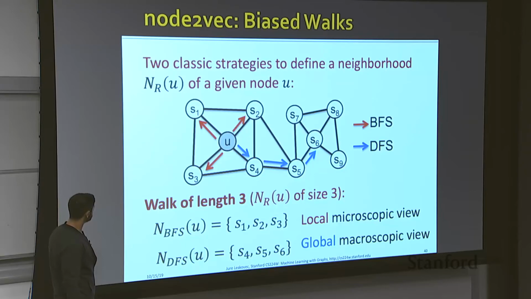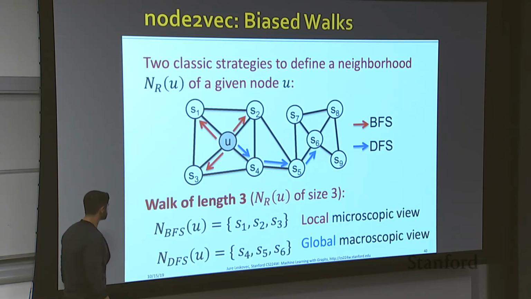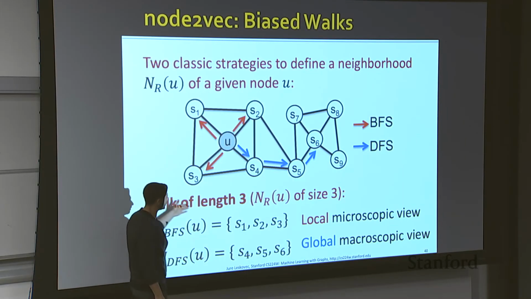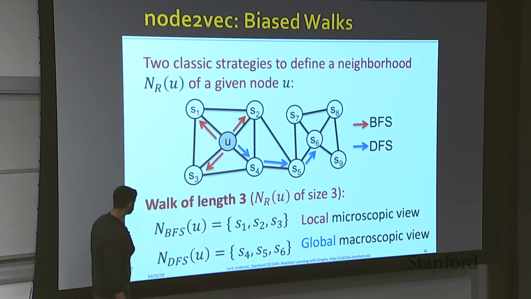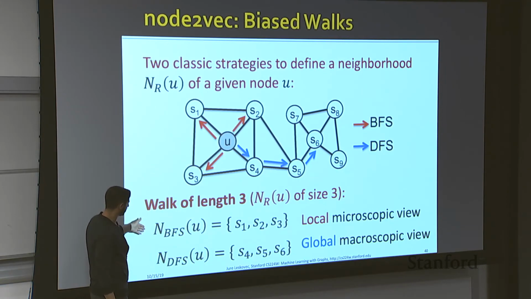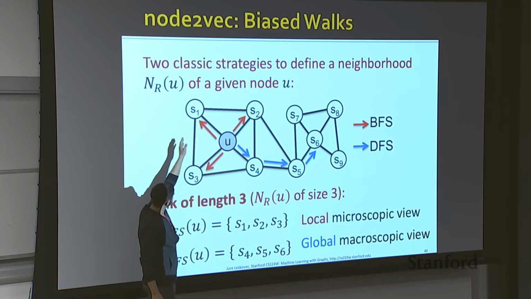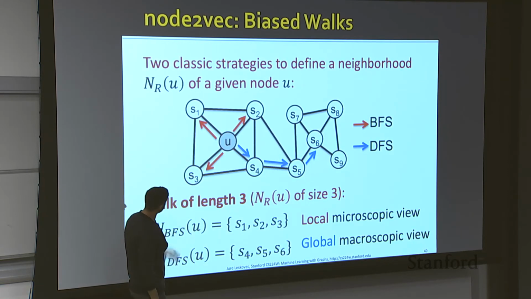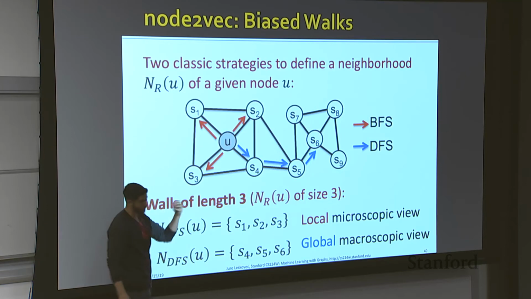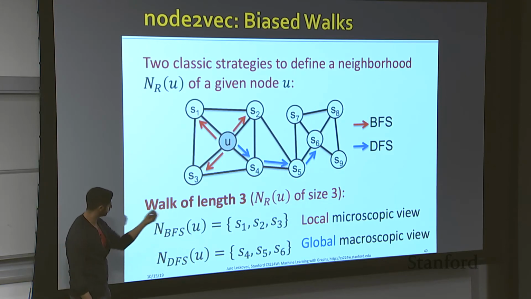As an example, say we decide that our walk will be of length 3. In the case of BFS, starting from u, we will be exploring only nodes S1, S2, S3, and this is basically a microscopic view of u. We're just taking all the nodes around u.